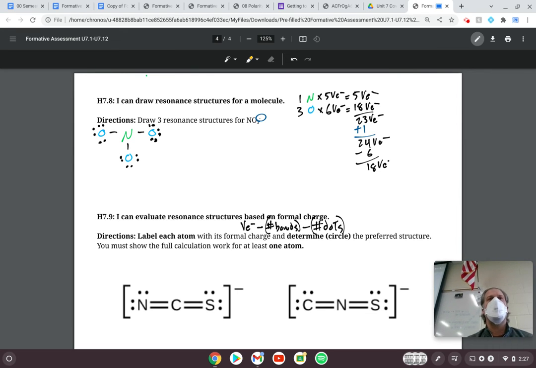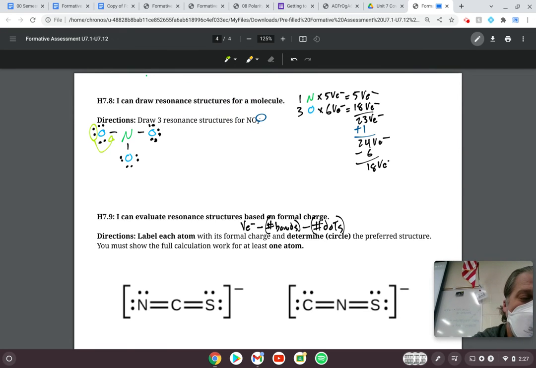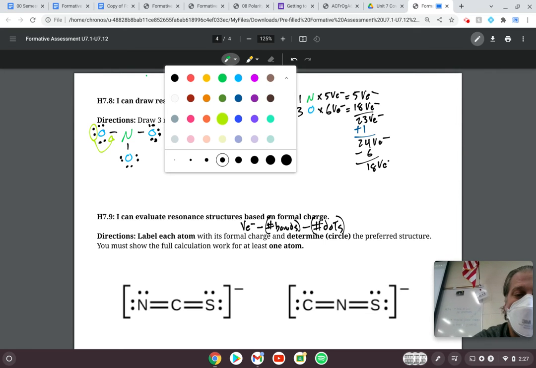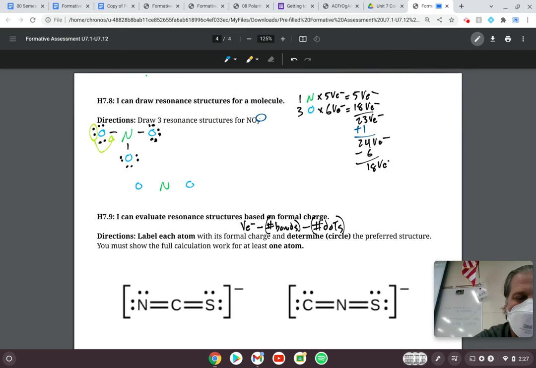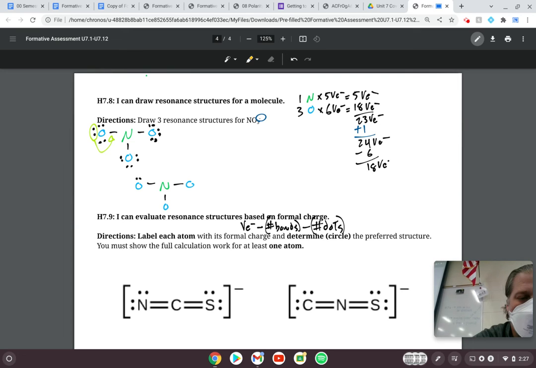Now I've used all of my electrons, and my oxygens have 8 valence electrons, 1 dash and 6 dots, but my nitrogen only has 6, 3 dashes. And I don't have any electrons to add, so the only way to do that is for me to go ahead and create a multiple bond. So I'm going to take these two and move them right there. I'm going to clean this up real quick for you. When I clean it up, it's going to look a little something like this.